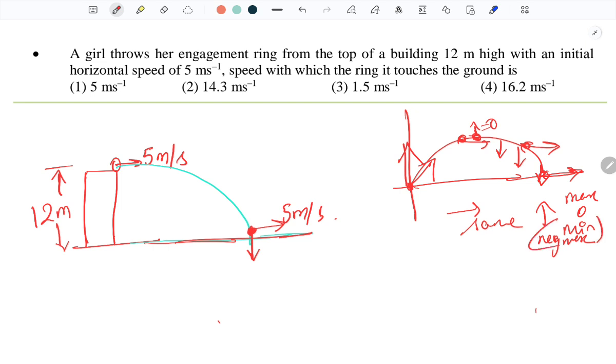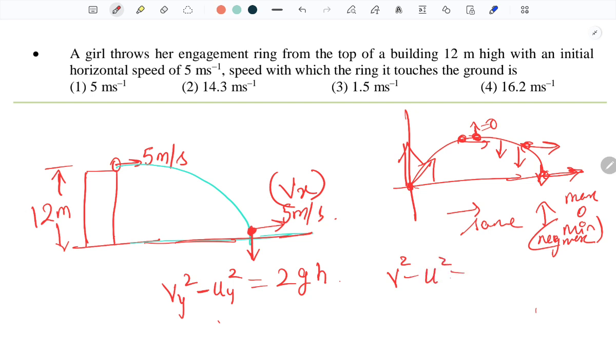So what do we need to calculate? We already have Vx, the final velocity x component; we need the final velocity y component. We know that Vy square minus Uy square is equal to 2as, which becomes 2gh. I am using the formula V square minus U square equals 2as; for the component form I write y, ay, and s becomes y itself.